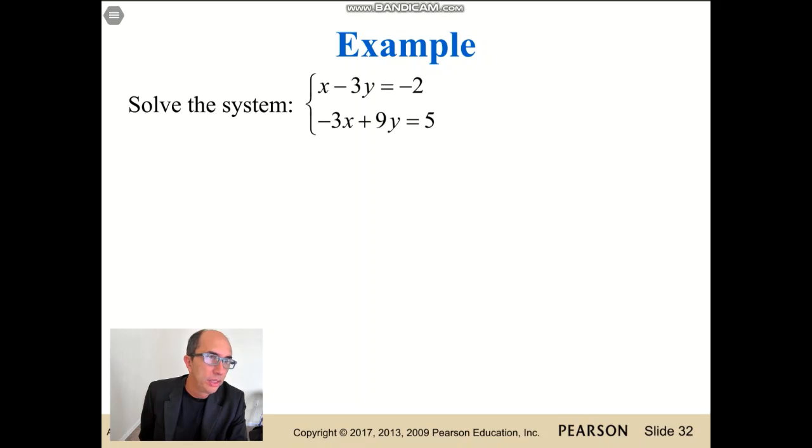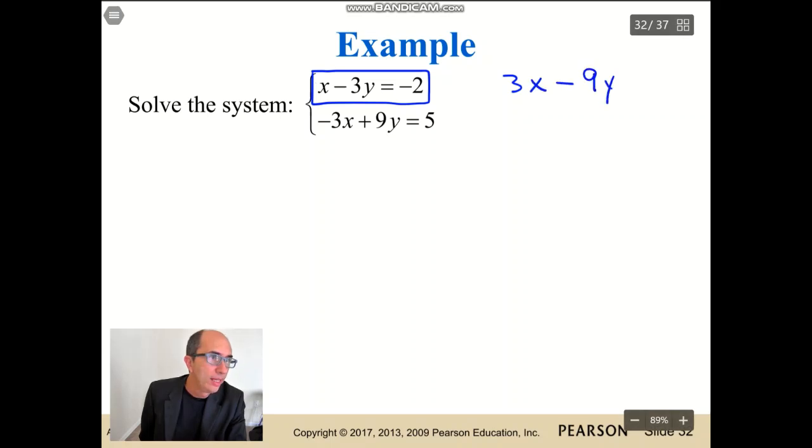And this is going to be interesting because now we're going to multiply the first equation by 3 to be able to eliminate one of the variables, okay? Then 3x minus 9y equals -2 times 3, -6, and -3x plus 9y equals 5.